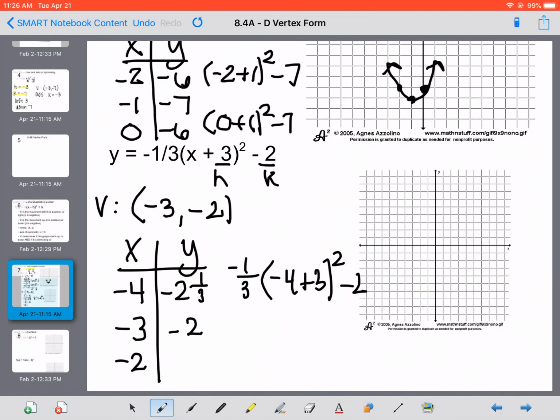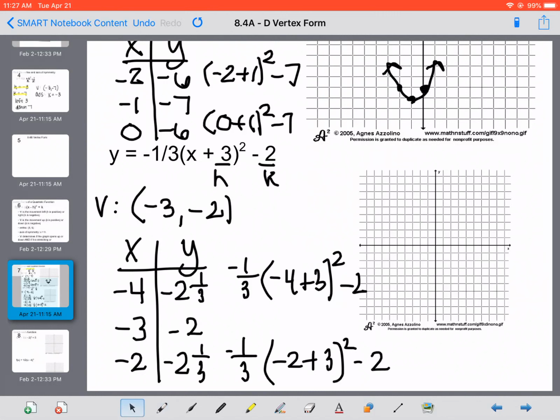And if you recall from the previous example, because it's a quadratic, we know they're going to be a mirror image of itself. So when I plug -2 in, I should also get -2 and 1/3, because -4 and -2 are both exactly 1 unit away from our -3 of our x values. And so now we just need to plug that.